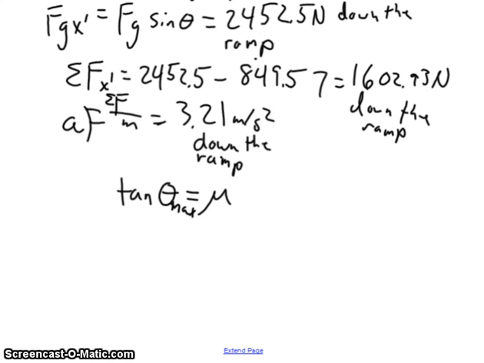So if we want to find out what this angle is, the angle max is the tangent inverse of the coefficient of friction, which in this case the tangent inverse of 0.2 ends up giving you an angle of approximately 11.31 degrees. And there you have it.